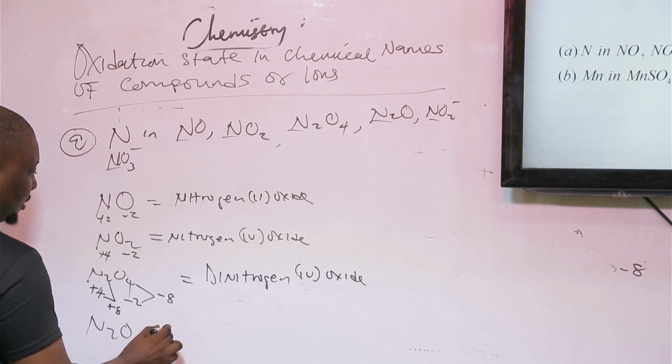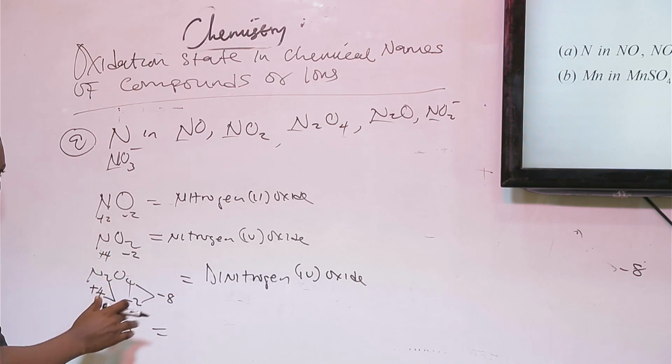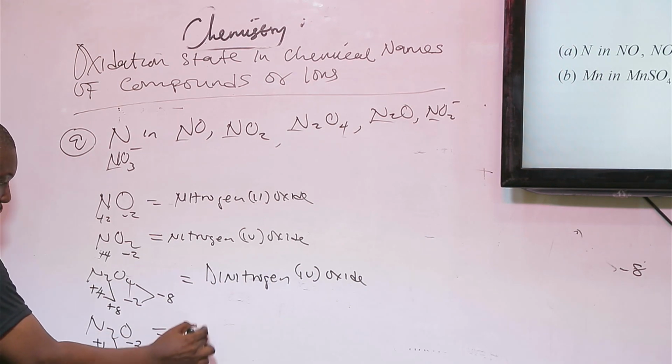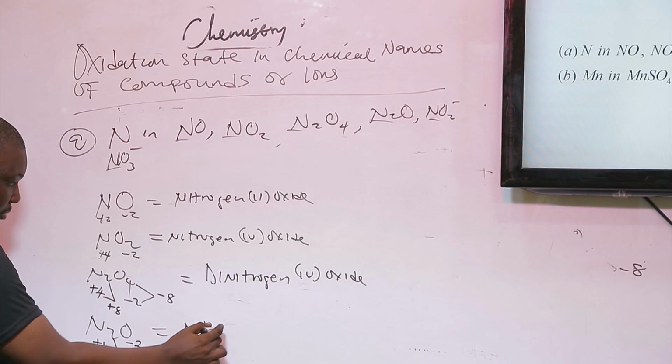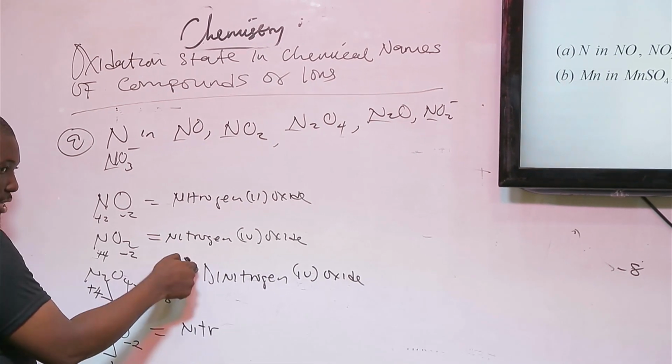The next one is N2O. How do we solve N2O? Normally you're supposed to solve it, but if it's an objective question, you don't need to solve, just do the manipulation this way. Oxygen is minus 2, so each N here will be plus 1, and multiplied, you have plus 2. What do you call this? It is not di this time. You can't call it di here.